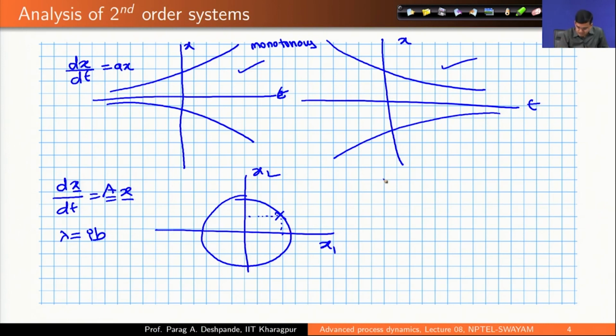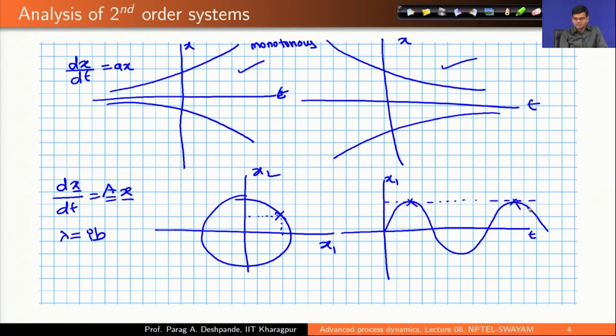So, I can draw roughly the plot of t versus x 1, for example, like this, because the magnitudes are the same. So, a center solution would correspond to this non-monotonous behavior, which you will never find in first order systems.